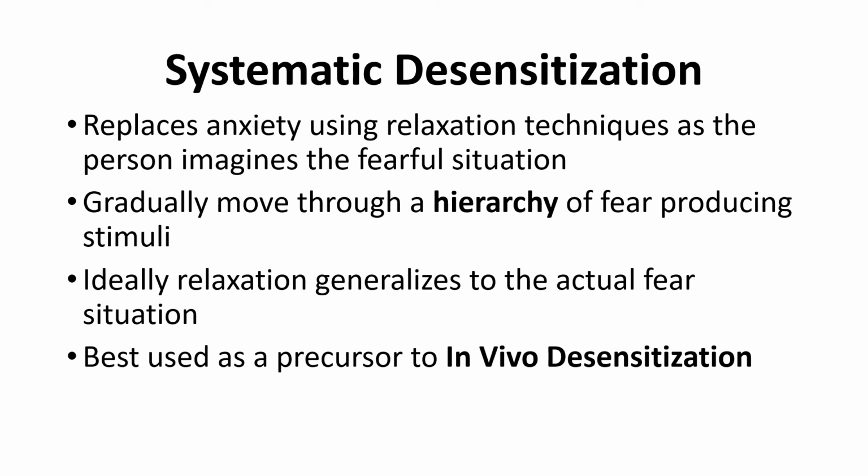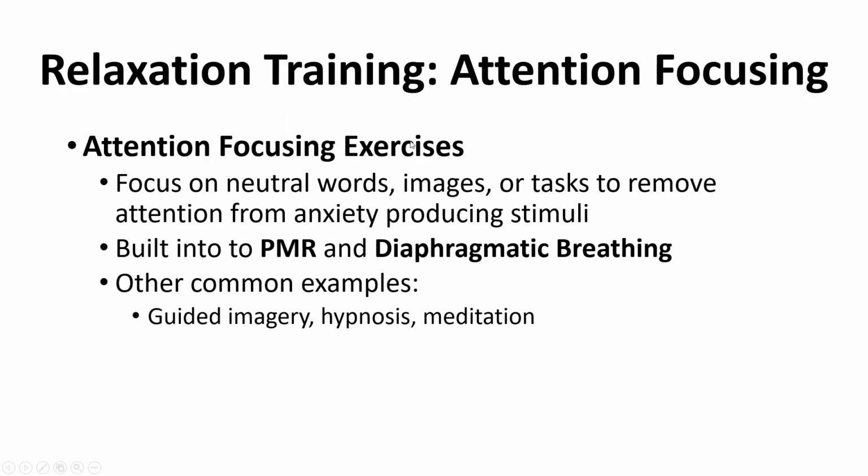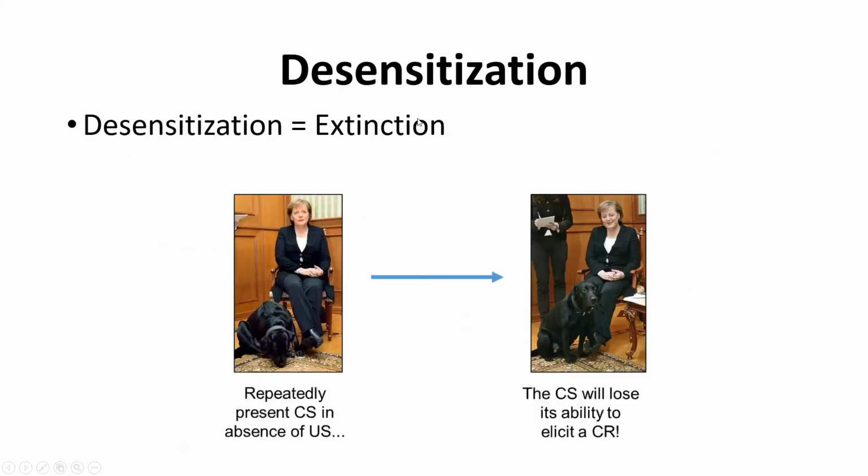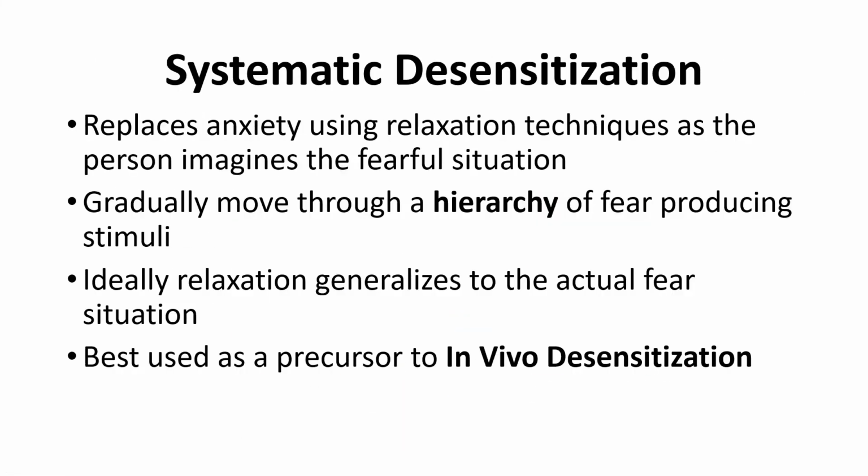Take a deep breath. We can use our relaxation training steps from earlier. Any of those could be used to reduce that autonomic response from our nervous system. So by forcing that relaxation, we're having exposure to our conditioned stimulus, the thought of the scary thing, without having that fear response, without having our conditioned response.